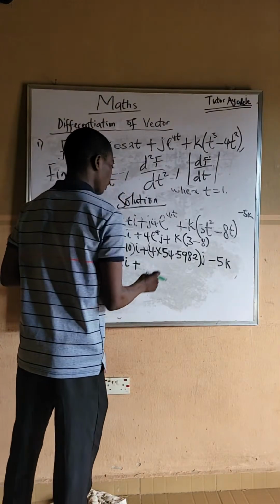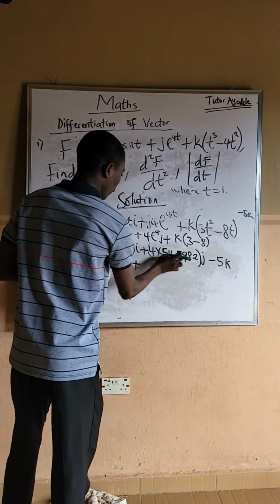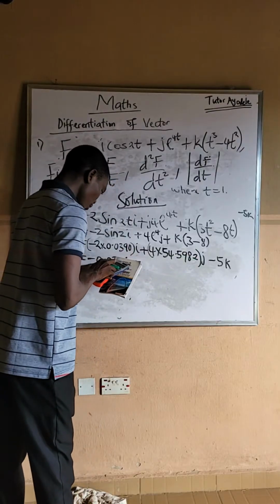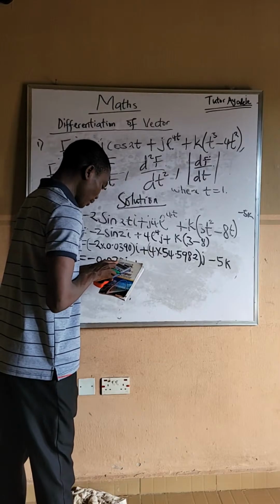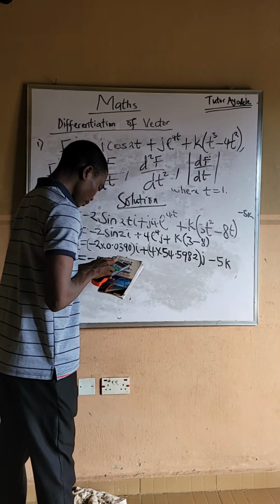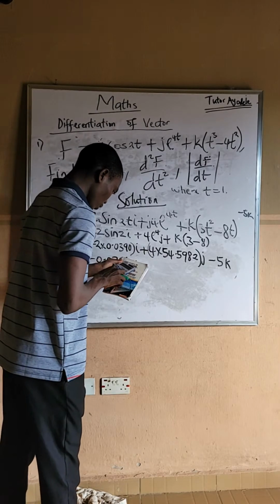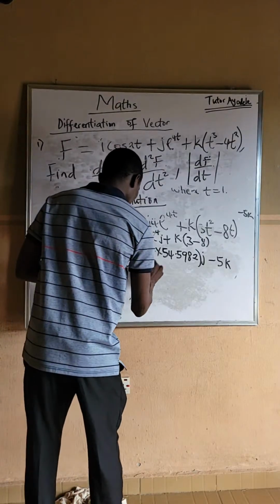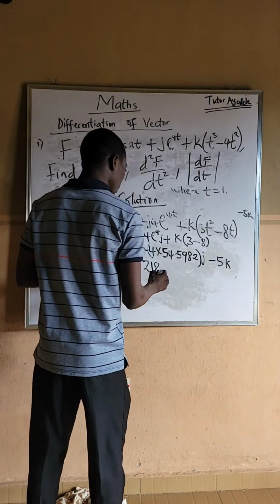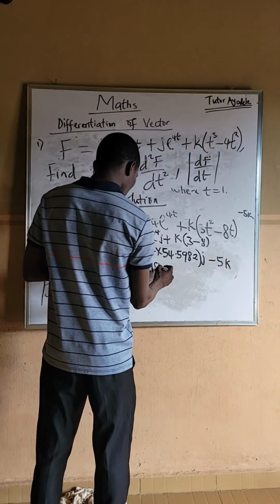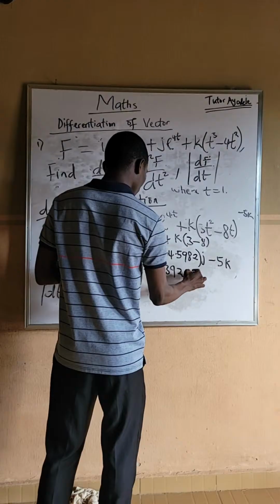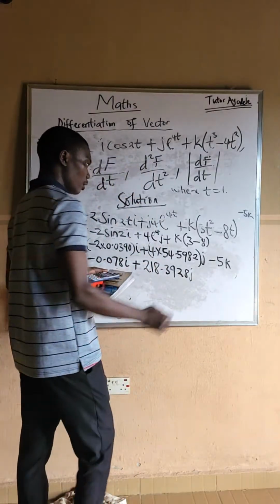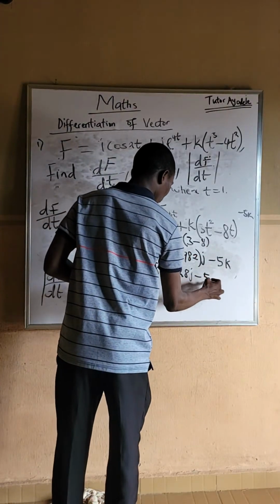Plus this times this. If you multiply this and this together, it will give me 4 times 54.5982. This gives us 218.3928 J. This remains minus 5.